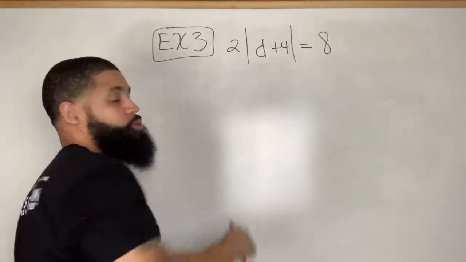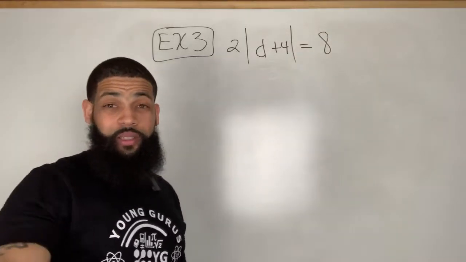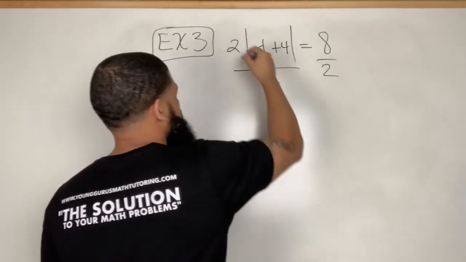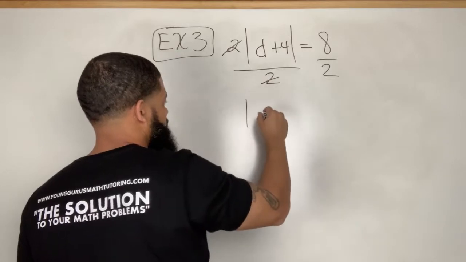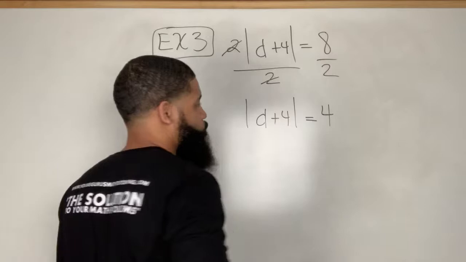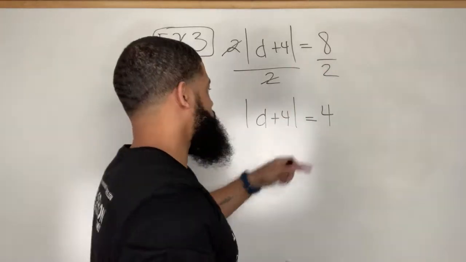Once again, I need to get the absolute value term in parentheses by itself. So I'm going to divide by 2. That cancels. The absolute value of d plus 4 is equal to 4. Okay? 8 divided by 2 is 4.